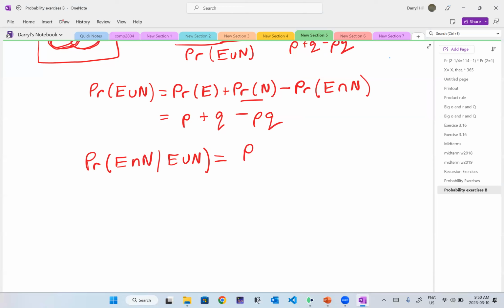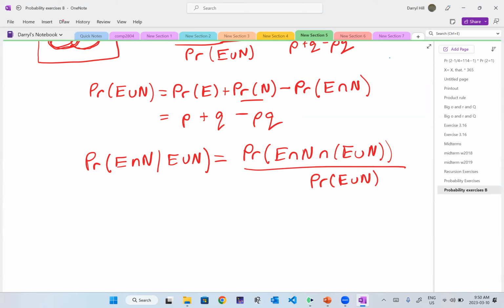that is equal to the probability of E intersect N intersect E union N, and that is over the probability of E union N. So now this is looking pretty ugly, but maybe we can simplify it. So let's look at the Venn diagram again. I have E, I have N, I have E union N, which is both of them put together.